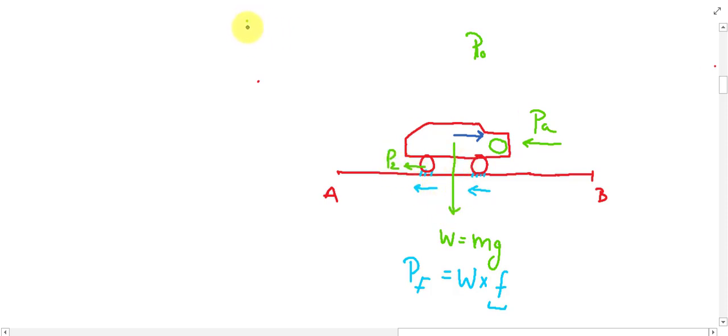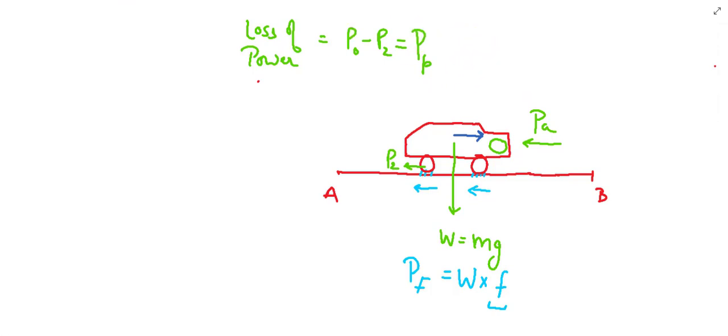So the loss of power will be P naught minus P2. This P naught minus P2 is equal to the transmission losses. Generally this transmission loss is taken as 10 to 15% of P naught.